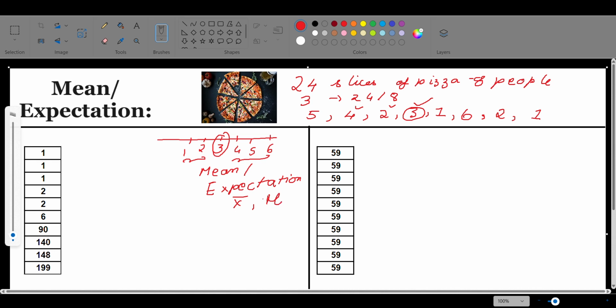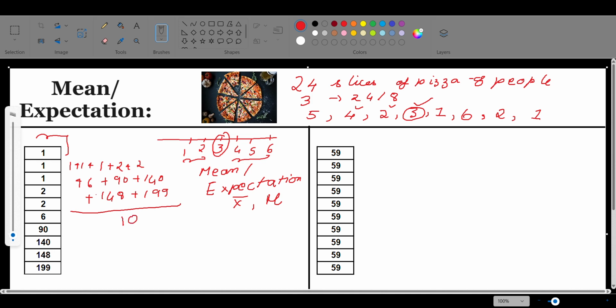Okay. Now, let us try and find out the mean of the data set we saw previously. To calculate that, what you'd have to do is first sum up every single number that you have over here. So that would be 1 plus 1 plus 1 plus 2 plus 2 plus 6 plus 90 plus 140 plus 148 plus 199, and you'd have to divide this entire sum by, any thoughts?